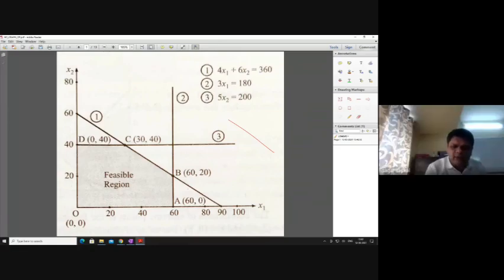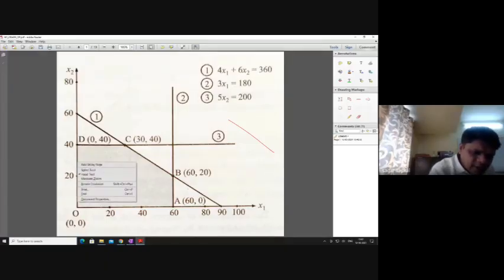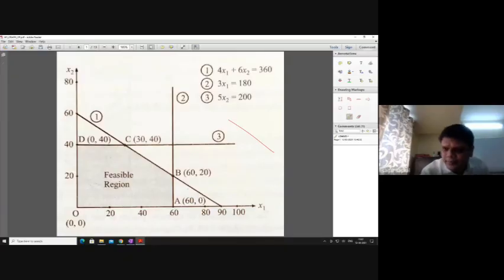What is 3? 3 is on the x1 axis, no? Or on x2? Sir, y, x2. Yes, y. So suppose this is 30, then this will become 3. This point is 30 and this is 20.